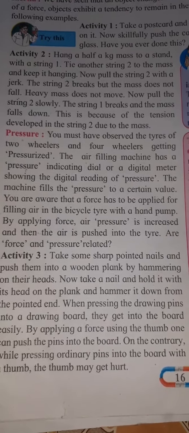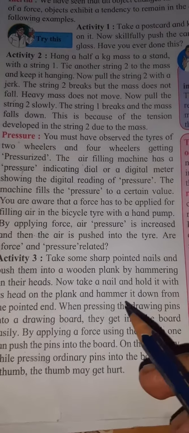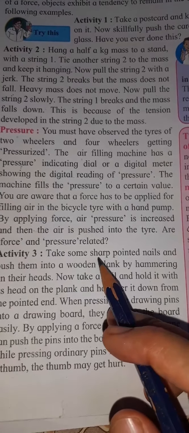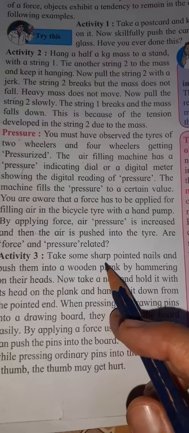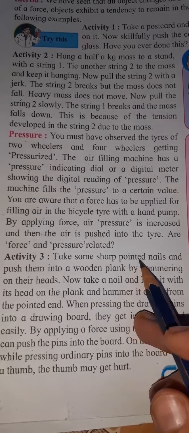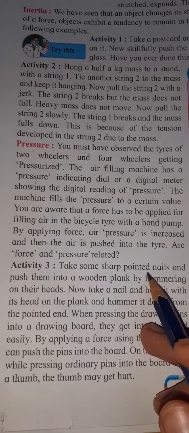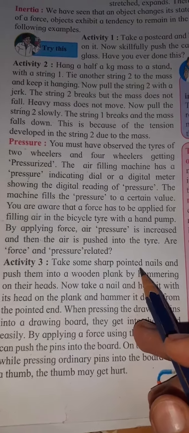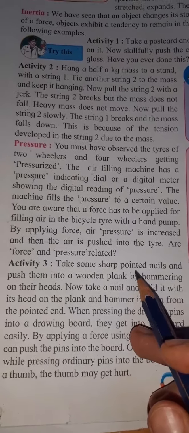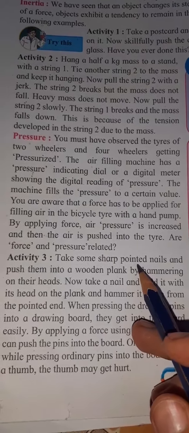Now you have to understand something. Is it easier to hammer a sharp pointed nail into the wall, or is it easier to hammer the nail which is not pointed, which is blunt?